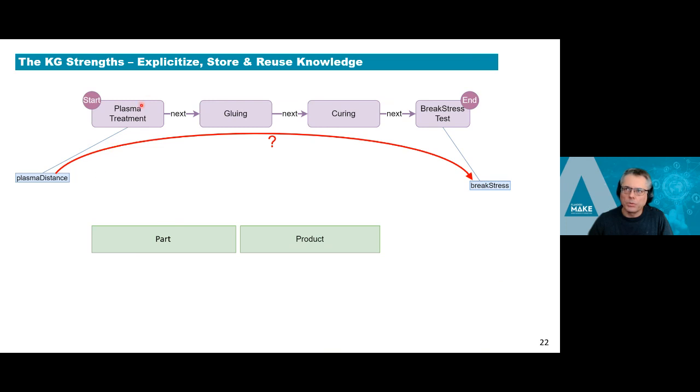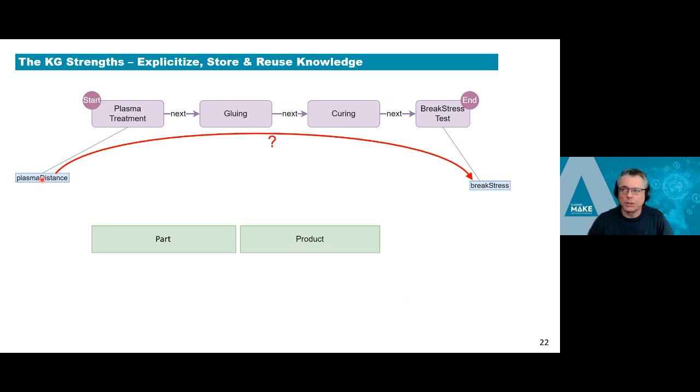I left out most of the properties, but if you look here at the break stress, which is measured at the very end, someone could wonder, is the plasma distance, which is a parameter in the first step, the plasma treatment step, linked to it? Does the plasma distance influence the performance of the break stress? And then I can just start guessing, and I can go and look at data.